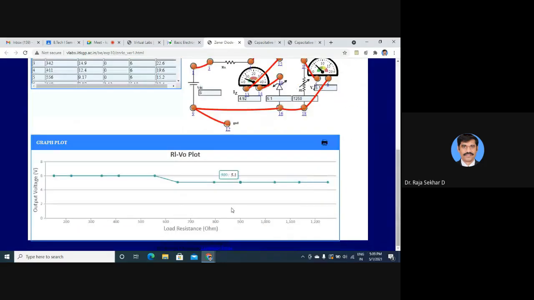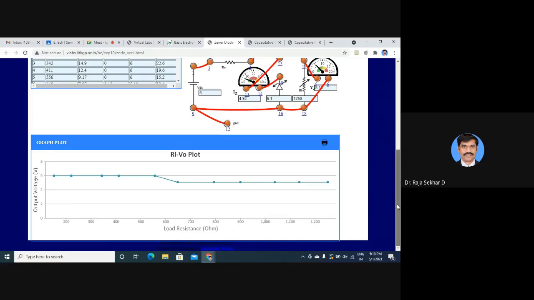Now for the graph. He has given the graph of output voltage and load resistance RL.